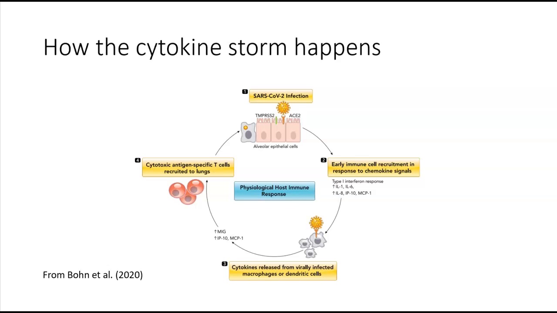And then step 4, we have the dendritic cells phagocytize virus in the lungs, migrate to secondary lymphoid organs and activate antigen-specific T cells, which travel to the lungs and destroy virally infected alveolar cells. That's good, but we also have the cytokine storm. That's not so good.